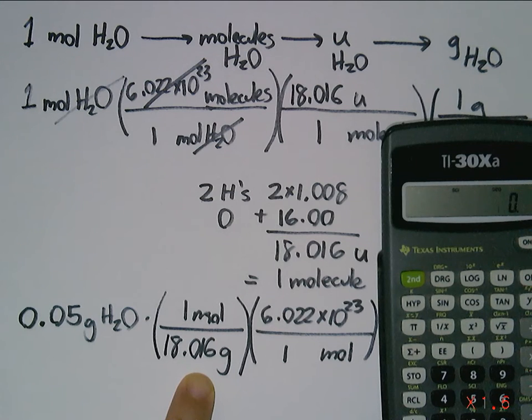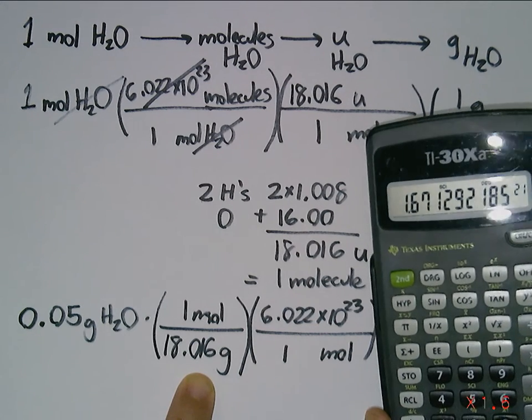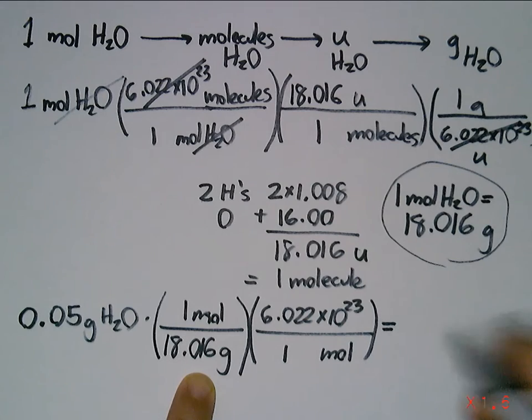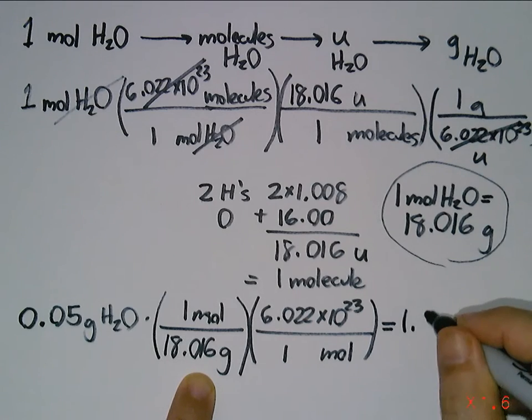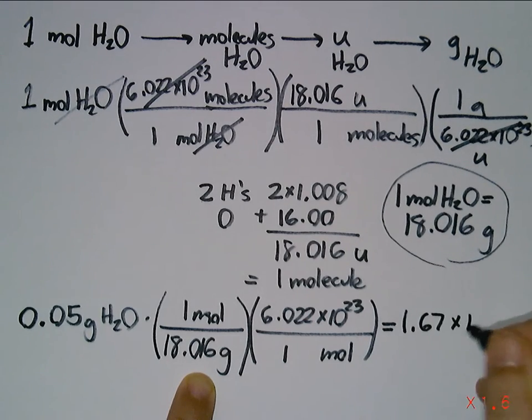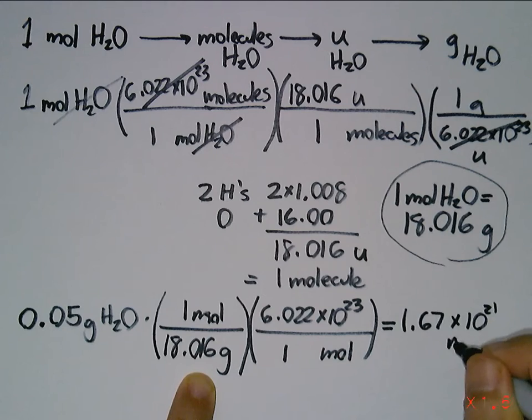So 0.05 divided by 18.016 times 6.022 times 10 to the 23 gives me 1.67 times 10 to the 21 molecules.